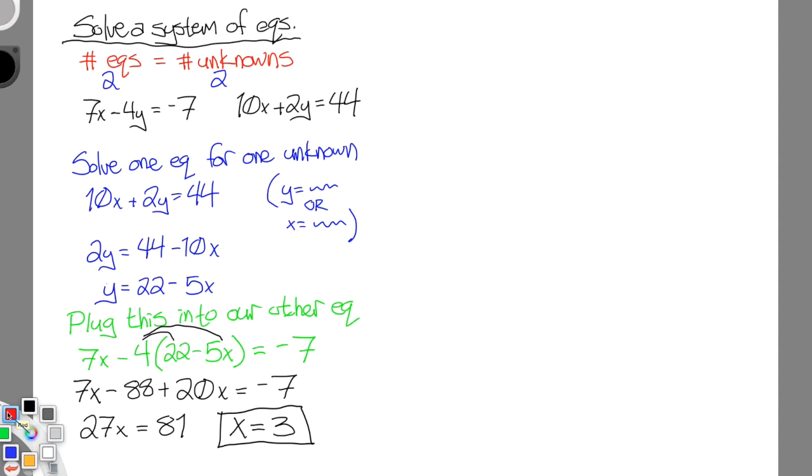Now we need to take our value for x, and we need to plug back in to find our other unknown. We can plug back in anywhere.